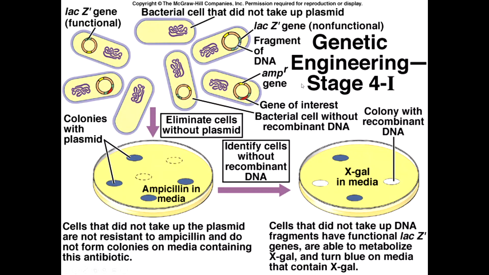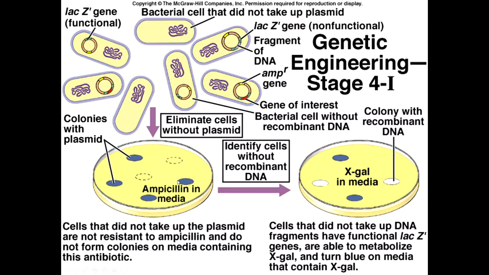Now, stage 4 has 2 different parts to it, the preliminary screening and then the secondary screening. In the preliminary screening, the bacteria are plated on a type of agar that selects for the bacteria with recombinant plasmids. That is, anything that has recombinant DNA will not be able to break down this lactose agar, right? So the blue shows the colonies with the plasmid.